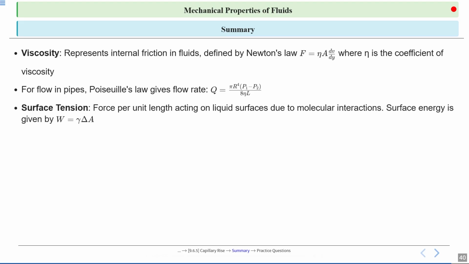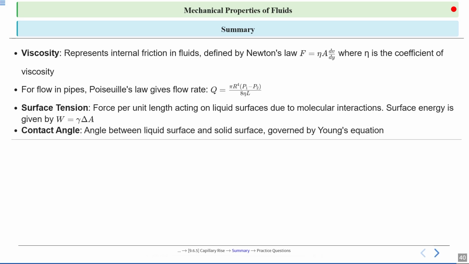Surface tension, force per unit length acting on the liquid surface, is due to molecular interactions. So surface energy is given by W equal to gamma times delta A. Angle of contact: the angle between liquid surface and solid surface, governed by Young's equation.